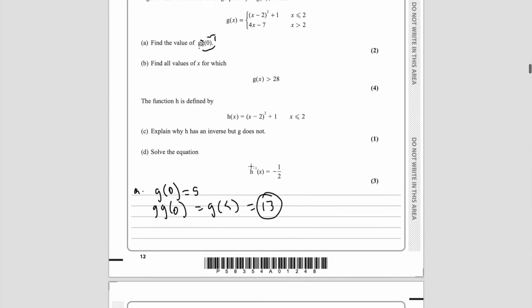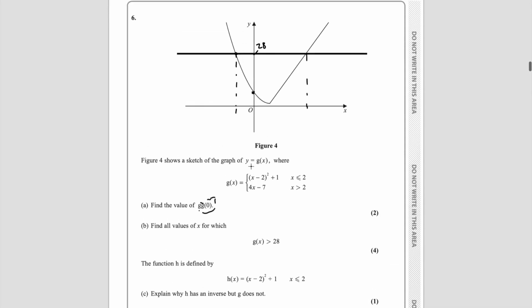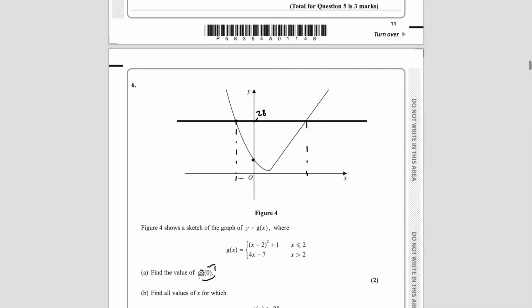To answer this question, we really need to start defining parts of the function with one-to-one, one-to-many, many-to-one characteristics. H, being this part here, is a one-to-one function. Each input has a distinct output. The whole function, however, becomes a many-to-one function.